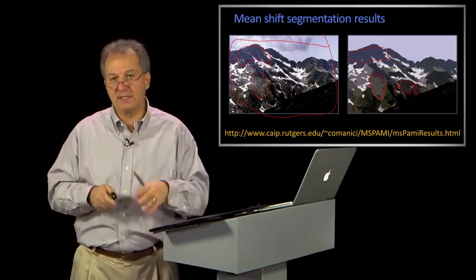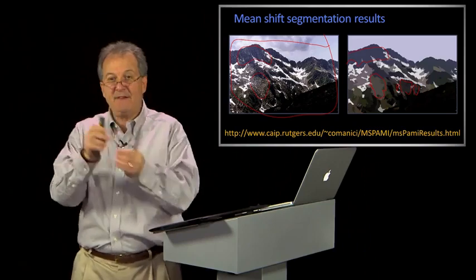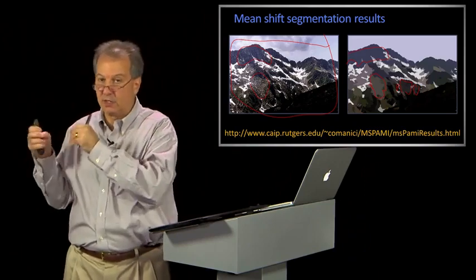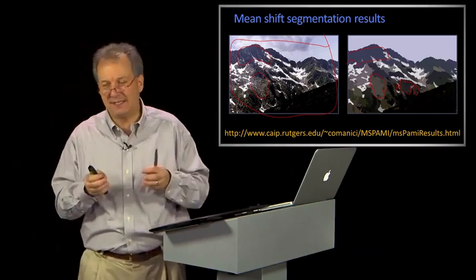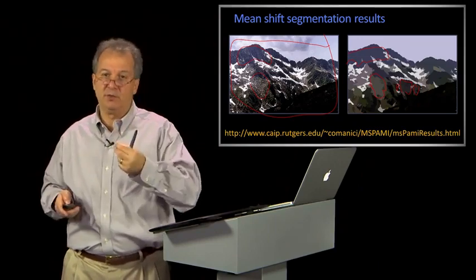So often what you'll do is a segmentation step to create these regions, and then figure out how to process those regions going forward. So the segmentation is in some sense a pre-processing step to give you a much smaller set of units to work with. So that's the description of mean shift as applied to segmentation.